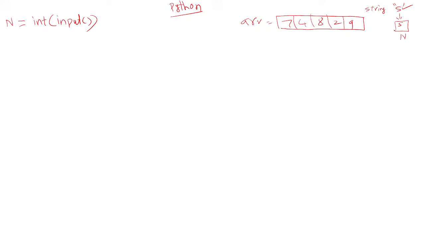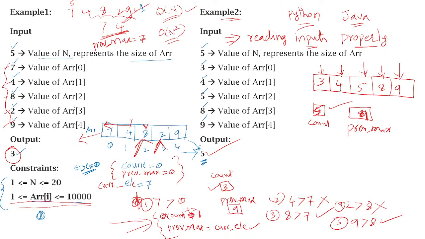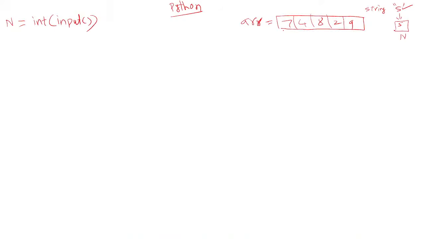Here, in the problem statement, the full constraints are not available, but in the real examination all the constraints will be provided to you, so you should be very careful. The problem with this kind of approach is that you are using additional space here.